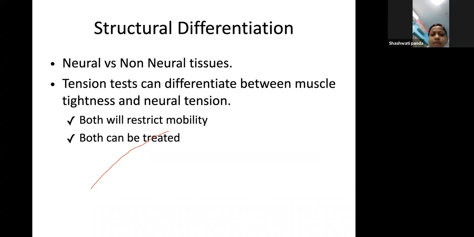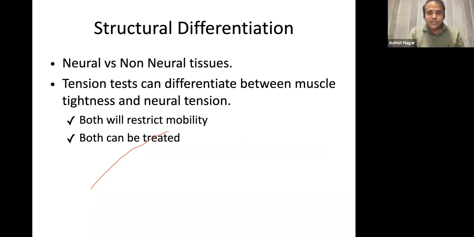Now, another important principle of assessment and examination is structural differentiation. Why do we have to assess peripheral nerve involvement?